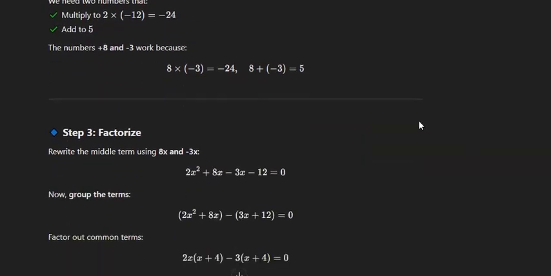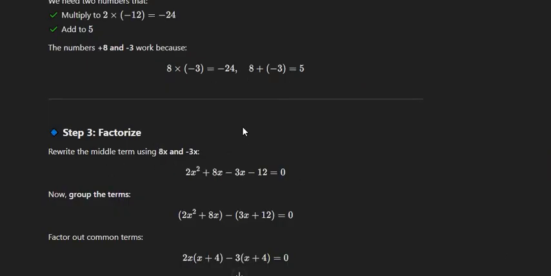Now we have multiplied and we find that 8 multiplied by minus 3 will give you minus 24. And when you add 8 and minus 3, that will give you 5. It means these are the correct factors, because we cannot find anything else in any other factors. Remember that math has unique answers.